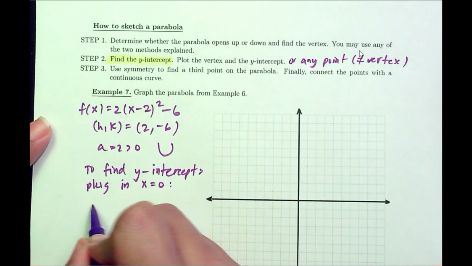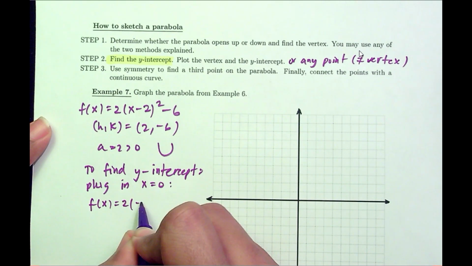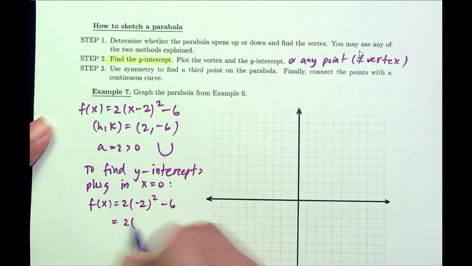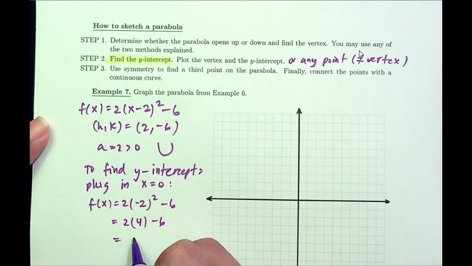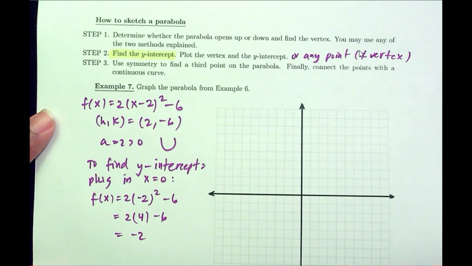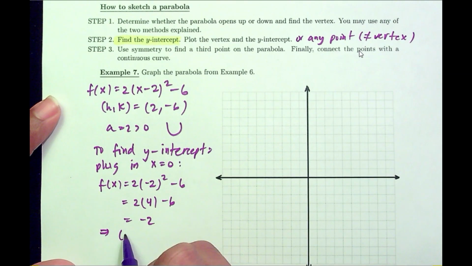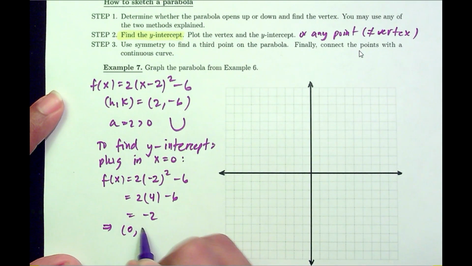You're going to get f(x) equals 2 times (0 - 2), which is -2, squared, minus 6. This is 2 times 4 minus 6. 2 times 4, that's 8, minus 6 is 2. So that means the point is 0 for the x and -2 for the y.